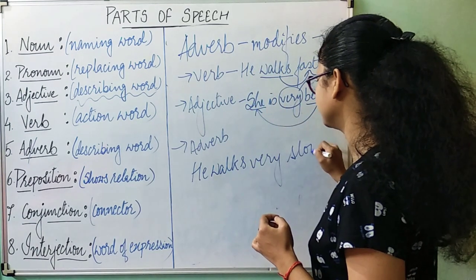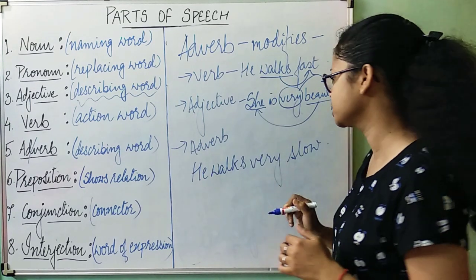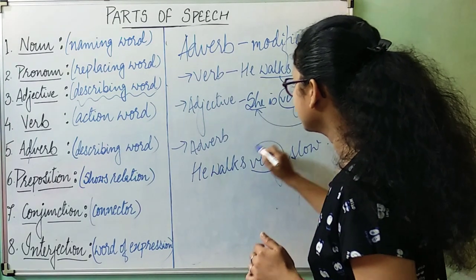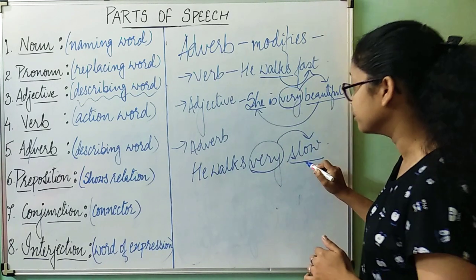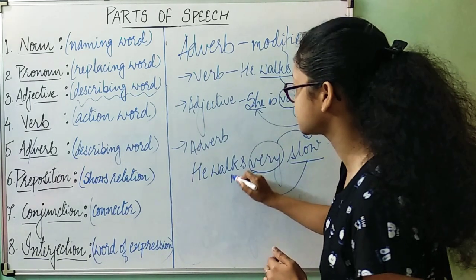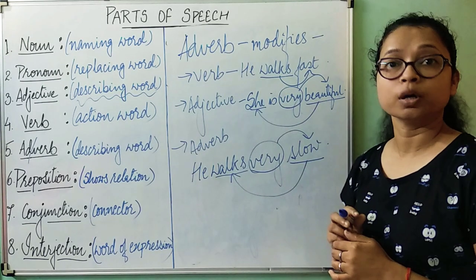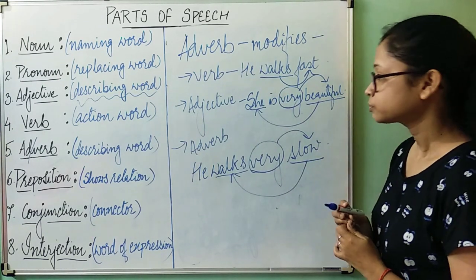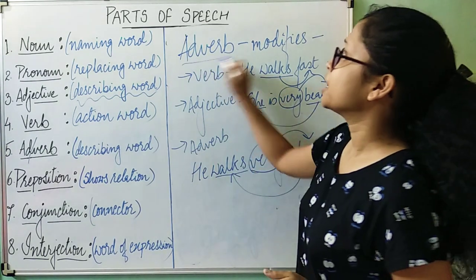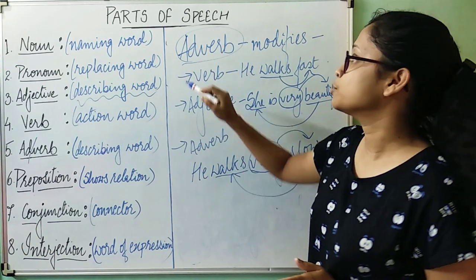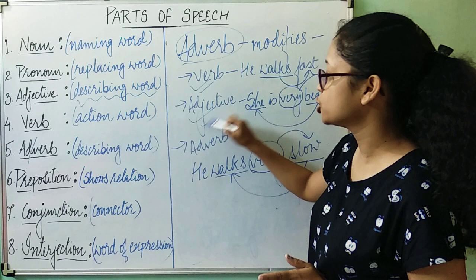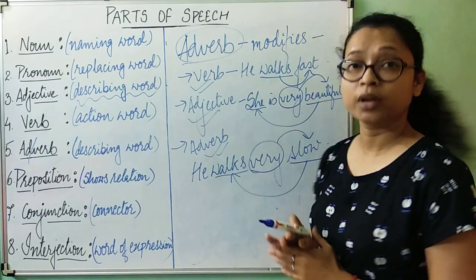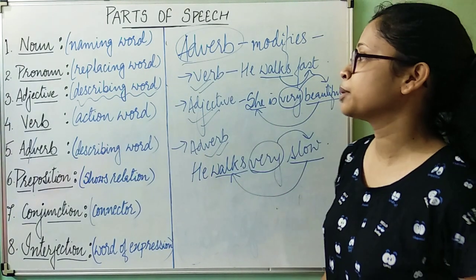I'm using the same word to just show you the difference. See, very here is telling us something more about the adverb slow, which is describing the verb. So an adverb is not only the word which tells us more about a verb, but also a word that tells us more about an adjective and an adverb. From now, please remember this.